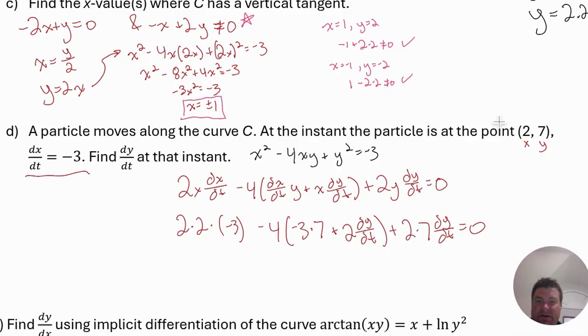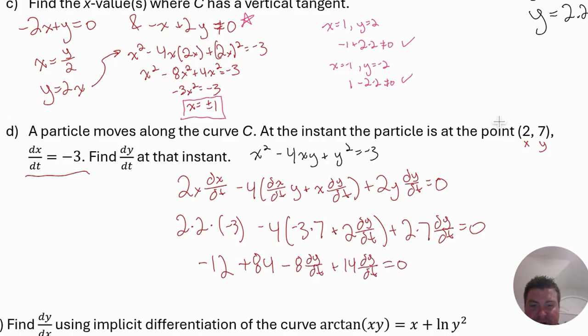So my first term there, I'm going to end up with a negative 12. I'm going to distribute that minus 4 all the way through. So negative 4 times negative 3 times 7 is positive 84. And distribute that negative 4 again to that 2 dy, I'm going to end up with negative 8 dy/dt, and then plus 14 dy/dt.